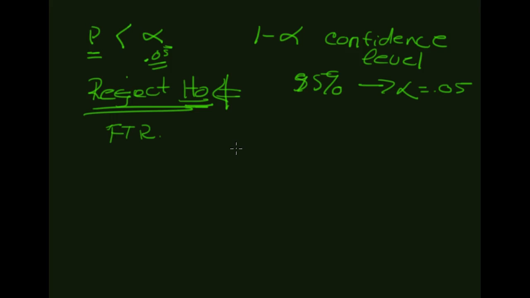All right, so let's take a look at a possible claim. Our claim is that less than 45% of the class is happy with the venue chosen for the dance. How do we test this claim? Our null hypothesis is that the proportion of the class that is happy with the venue is 45%.